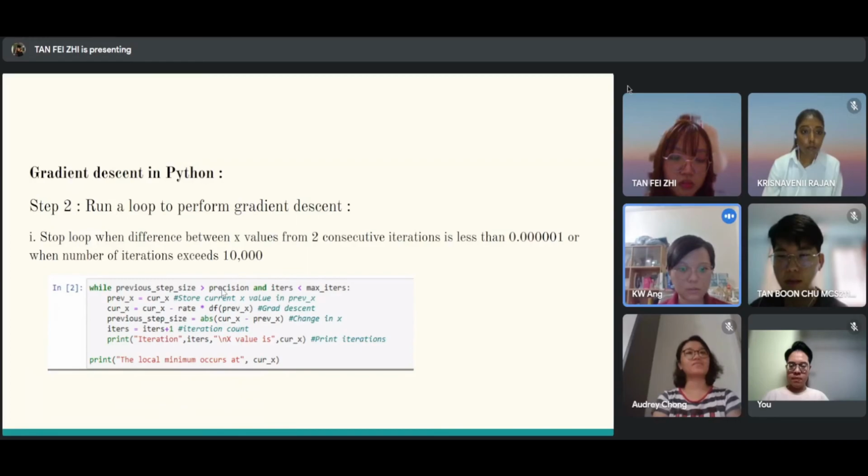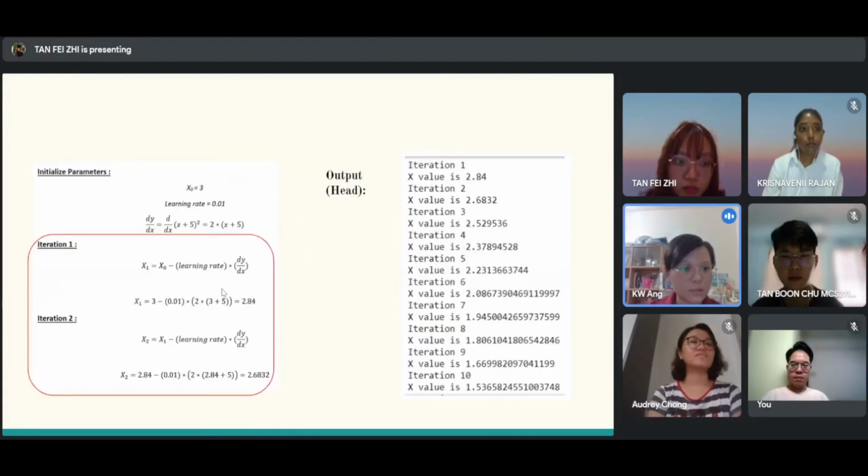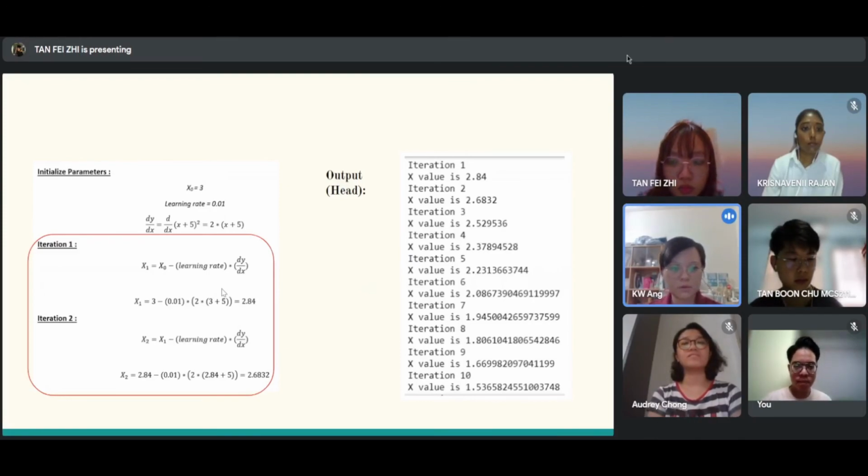So next. The iteration 1 is taking the x0 minus the learning rate times the gradient, and for the iteration 2, it will take the value of x1 minus the learning rate times the gradient.